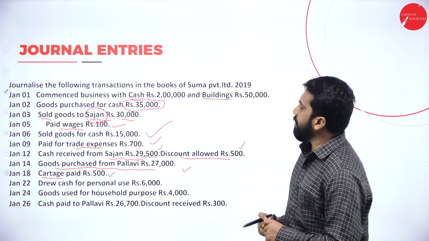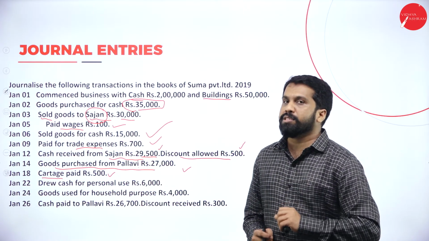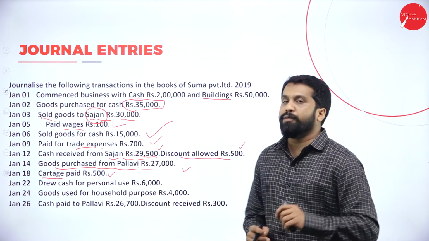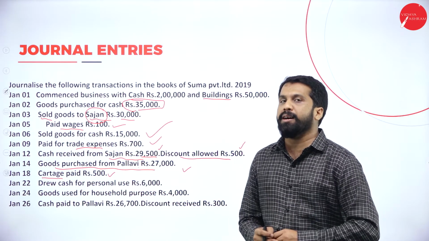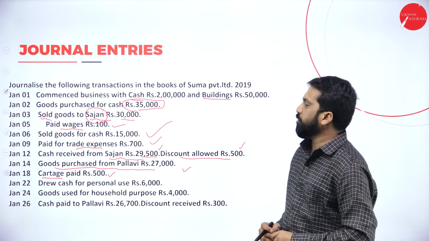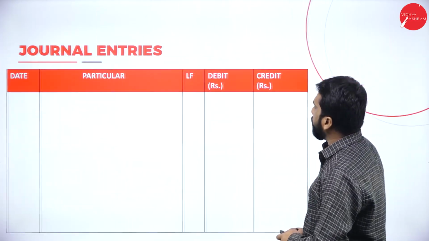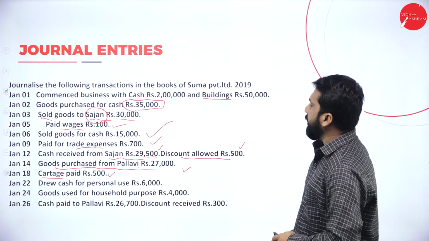Now, January 18th, paid means cash should be what? Down. So for what reason are you paying? For carriage reason. So go to January 18th and mention that carriage account debit to cash account.